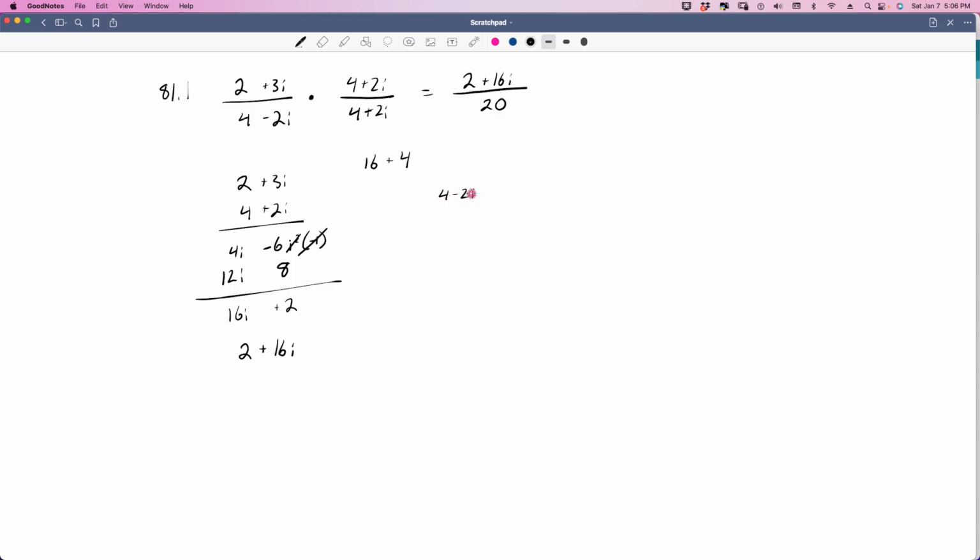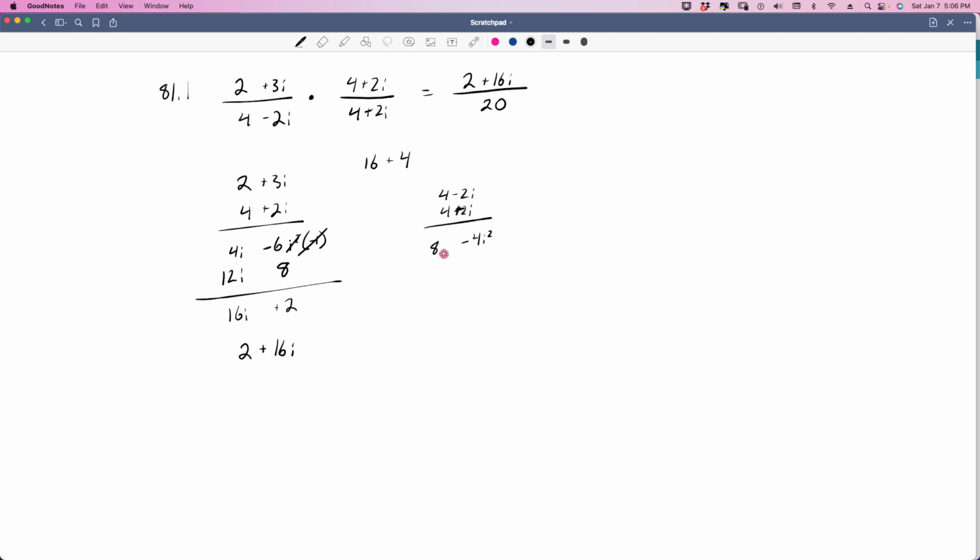4 minus 2i, 4 plus 2i. And you might want to do it both ways when you're first doing these types of problems, just so you can make sure you squared these right in your head, or that you did it right. So positive 2i times negative 2i would be a negative 4i squared.